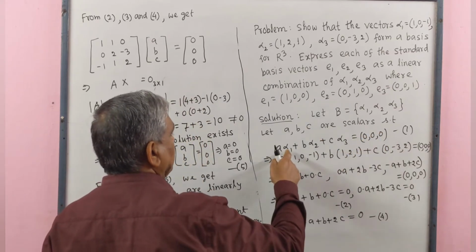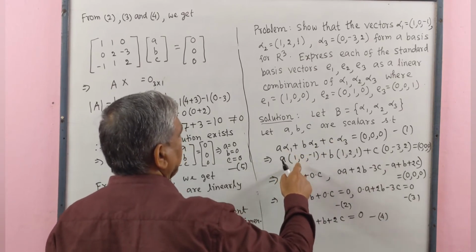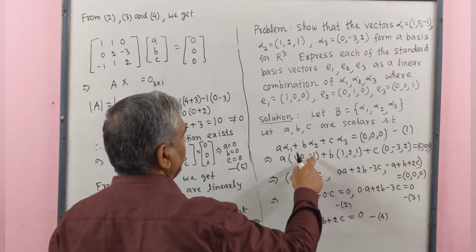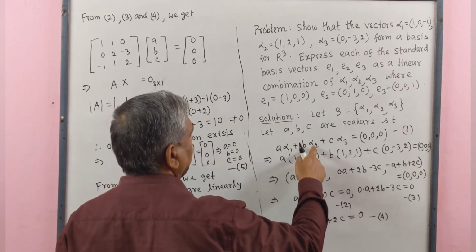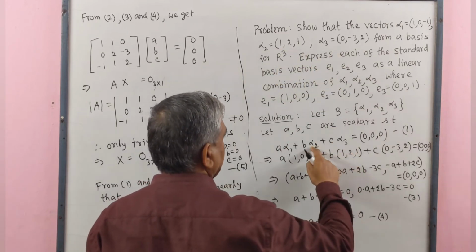Now we put the values of alpha 1, alpha 2, alpha 3. Alpha 1 is the ordered triplet (1, 0, -1). Similarly, we put the values of alpha 2 and alpha 3 here and here.